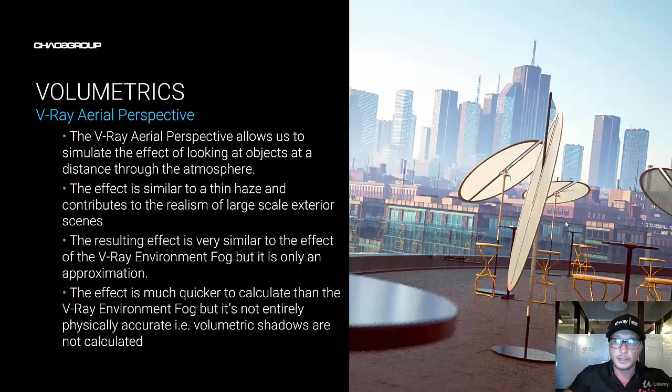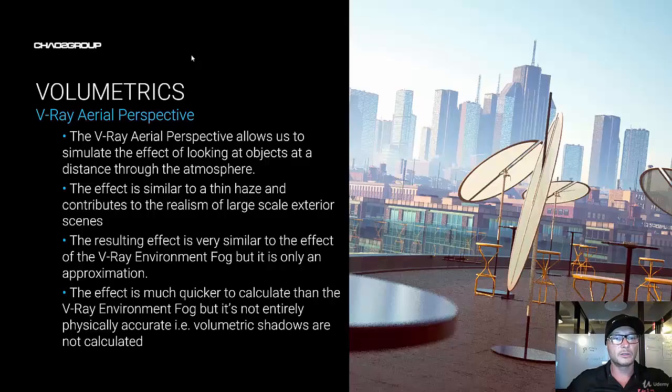V-Ray aerial perspective is the next effect that we will check. It's a little bit simpler. V-Ray aerial perspective allows us to simulate the effect of looking at objects at a distance through the atmosphere. The effect is similar to a thin haze and contributes to the realism of large-scale exterior scenes.